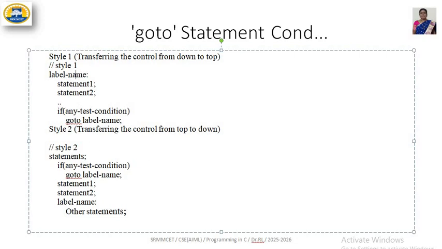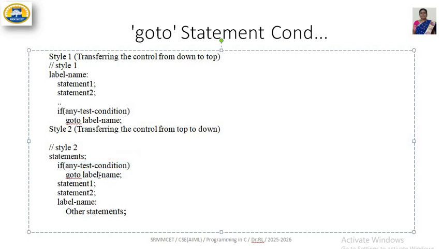Another style is transferring control from top to down. Here is the example: we have some statements, and a condition checks some test condition. If it is true, goto label name.